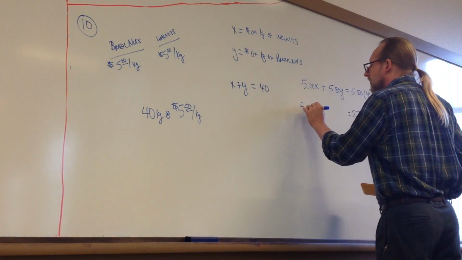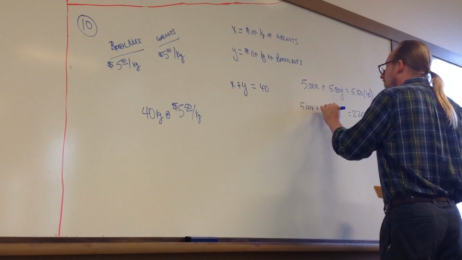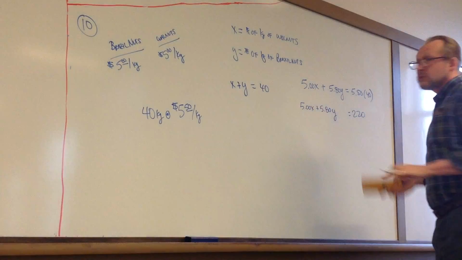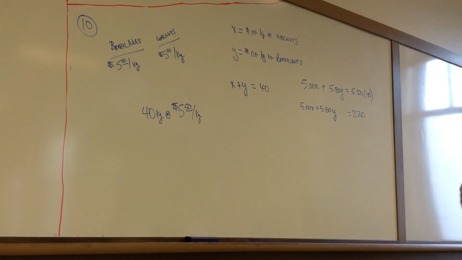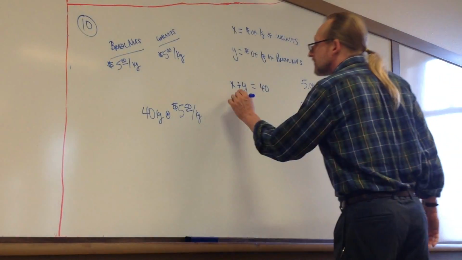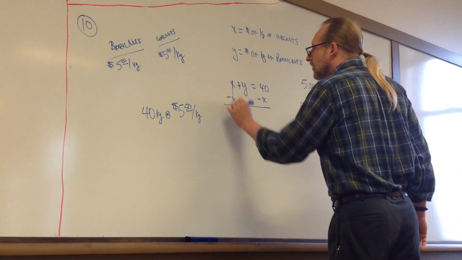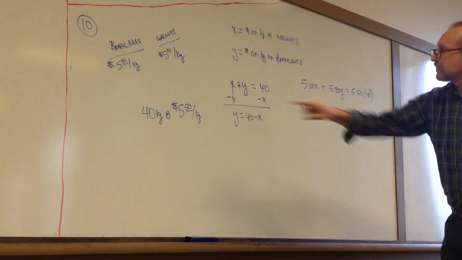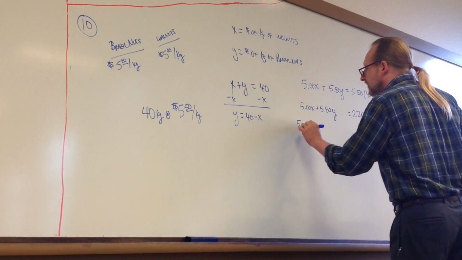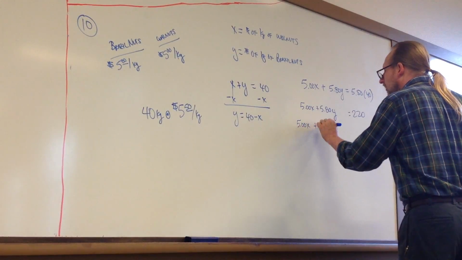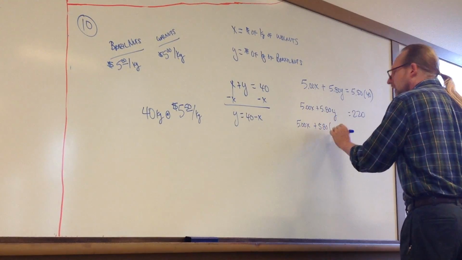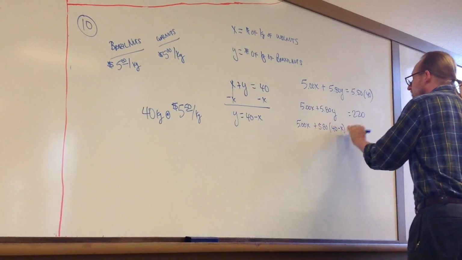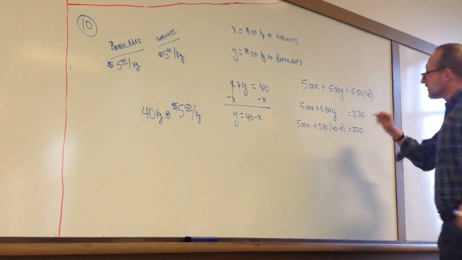And let's see here. Now we want to substitute out one of these variables. And again, it doesn't matter which one. Let's see. I'll move the X over here, and then we'll replace that Y with this 40 minus X. So this will be 5X plus 5.80 times 40 minus X, and that should all be equal to 220.